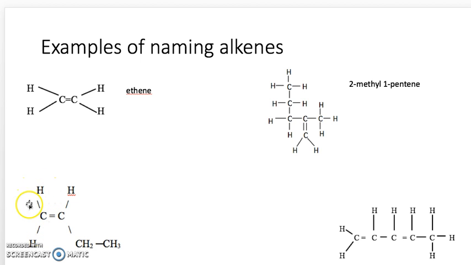It's got the same groups on either side, so hydrogens. So this is simply butene. We write that down. However, we need to give the position of the double bond, so it's 1-butene because the carbon double bond is in the first position.